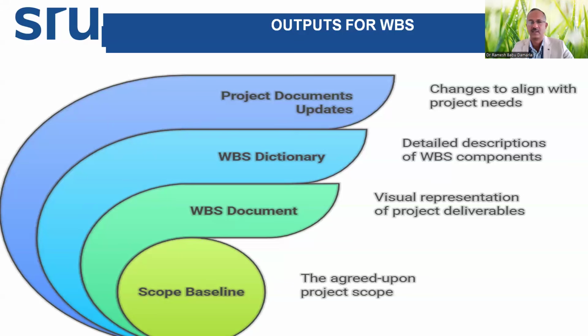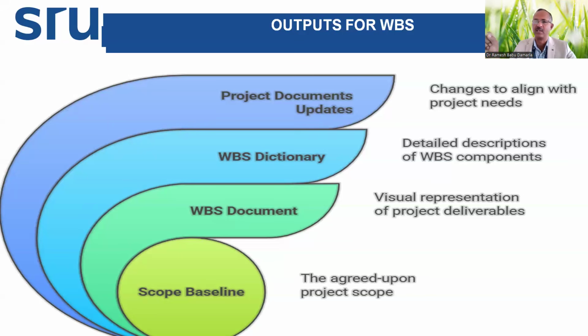So this document is a visual representation of the project deliverables. Every team will have clarity of interconnectivity, what all they are on the picture, what all to be done in this project. Then WBS generates one dictionary, WBS dictionary, which explains each component's description.